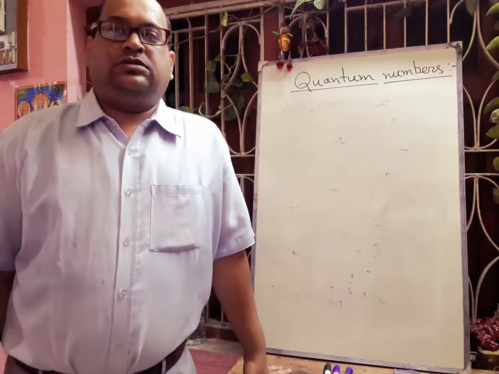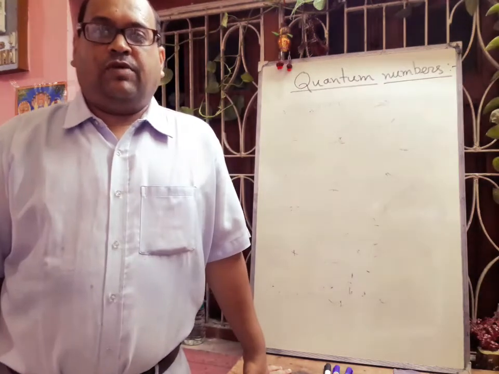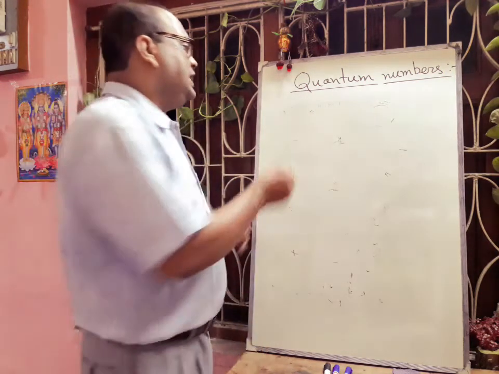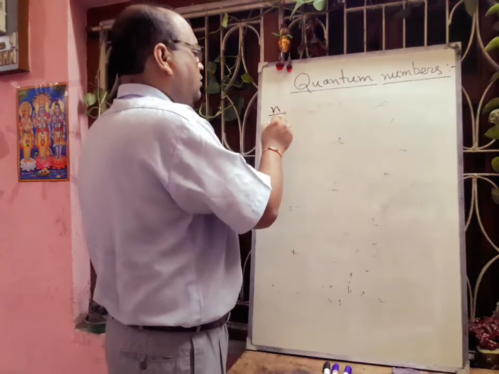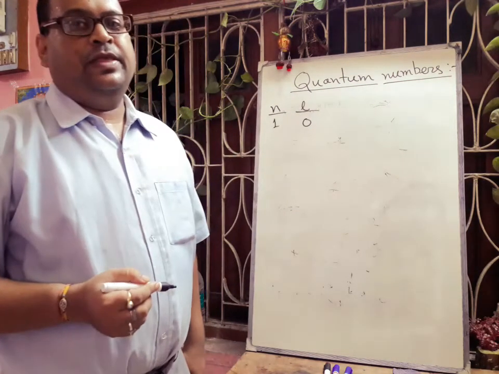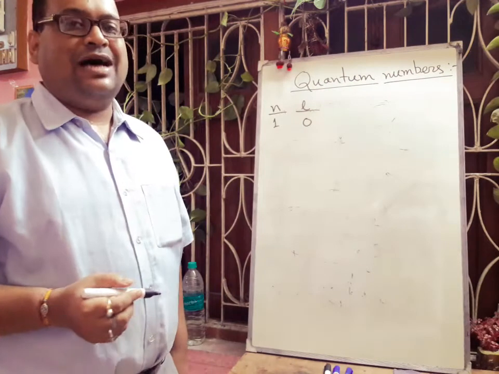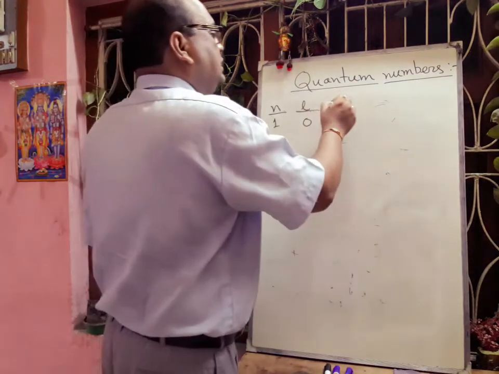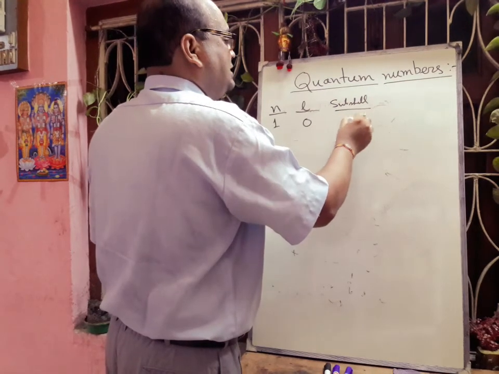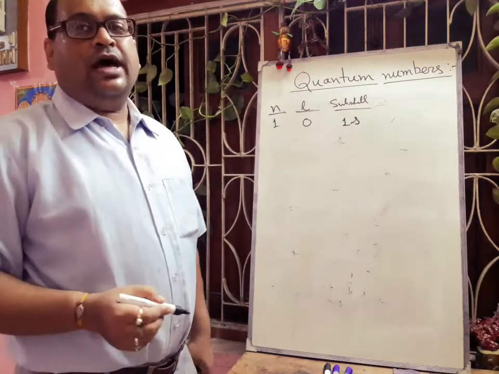Next we want to make a table so that you can understand this. When n is equal to 1, what is the value of L? The L value will be 0. What will be the subshell designation? The subshell will be 1s.